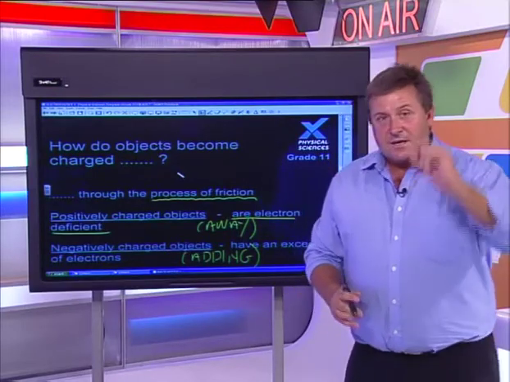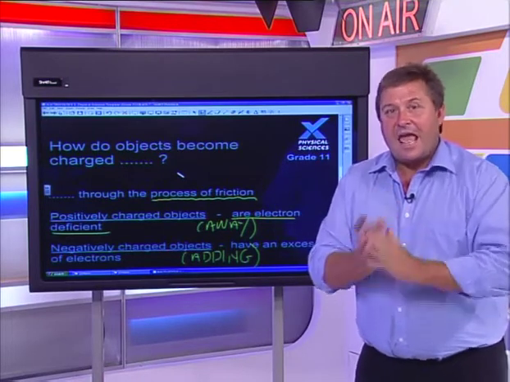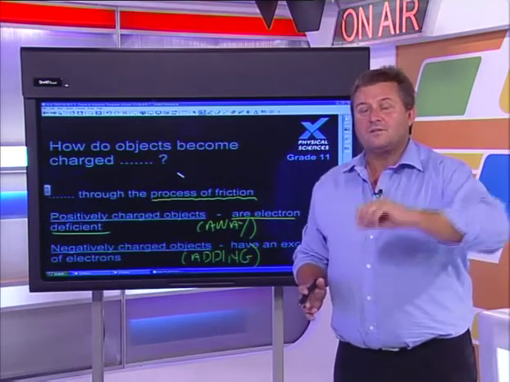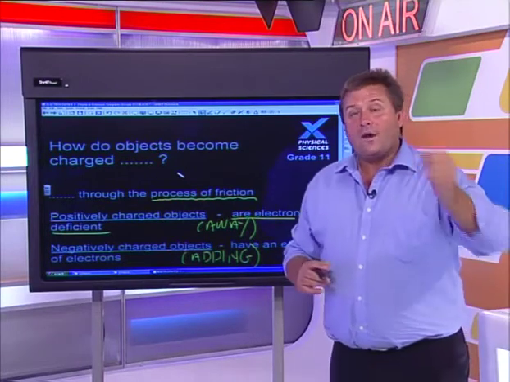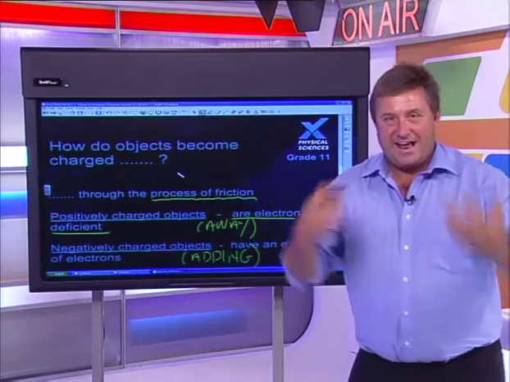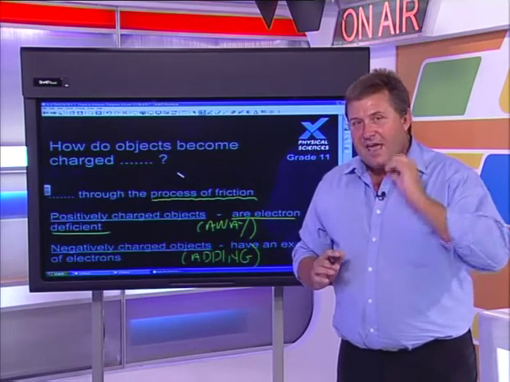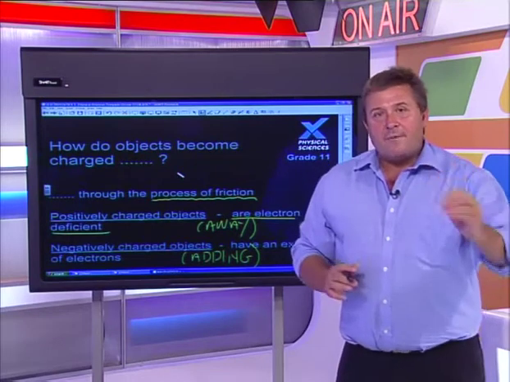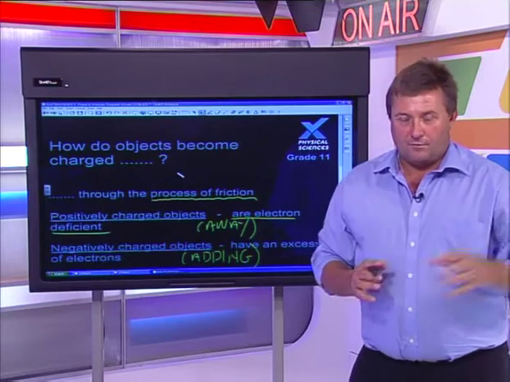Now, that process of friction, when we rub objects together, is going to either cause electrons to be rubbed off, to take them away, or electrons to be rubbed on, to add them to that object. We never, ever, ever talk about rubbing positive charge on or positive charge off.